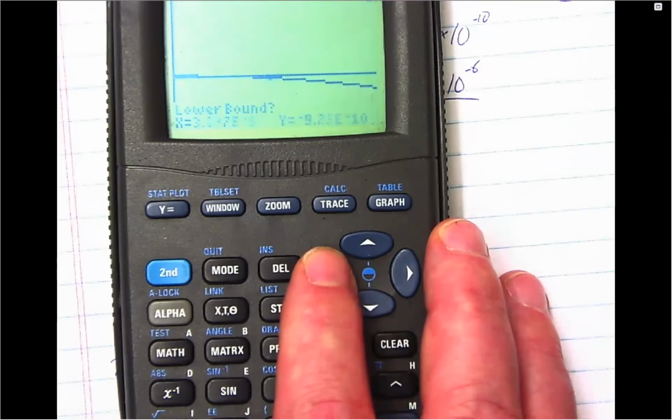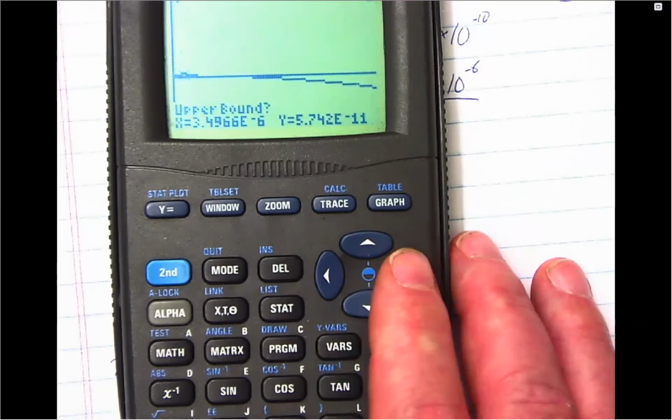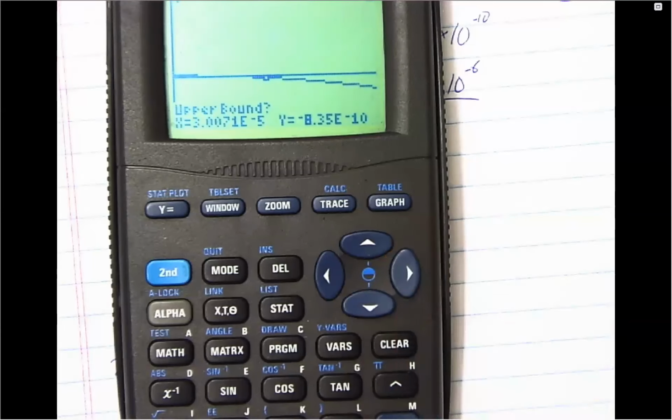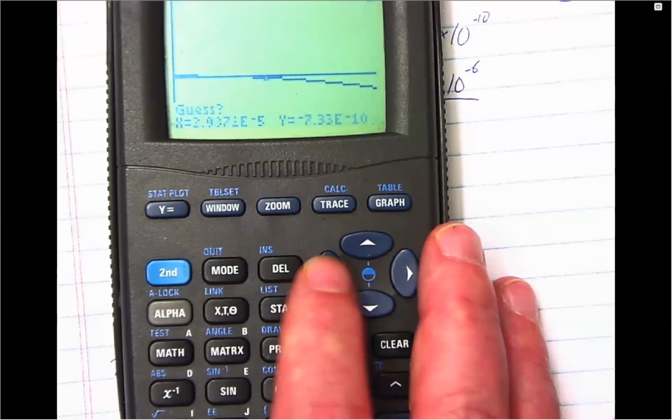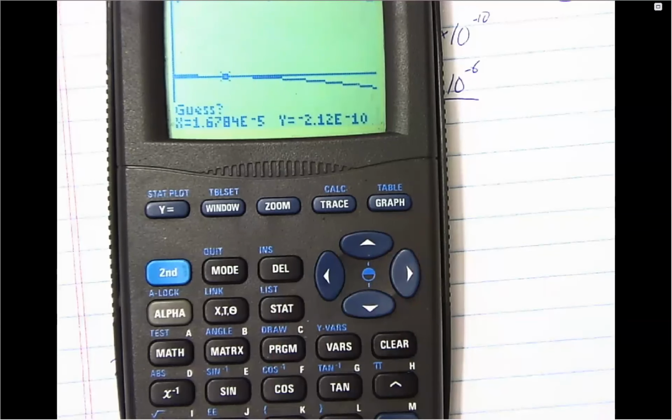In other words, it wants me to put in the lowest value of x to look at. So right here is good because we know we haven't crossed the x-axis yet. So I hit enter. And then upper bound, it wants me to look at something on the other side of where that root is supposed to be. So about there is fine. And then I guess it's asking me, where do you think that actual root is? So somewhere in the middle. And I'm going to hit enter.